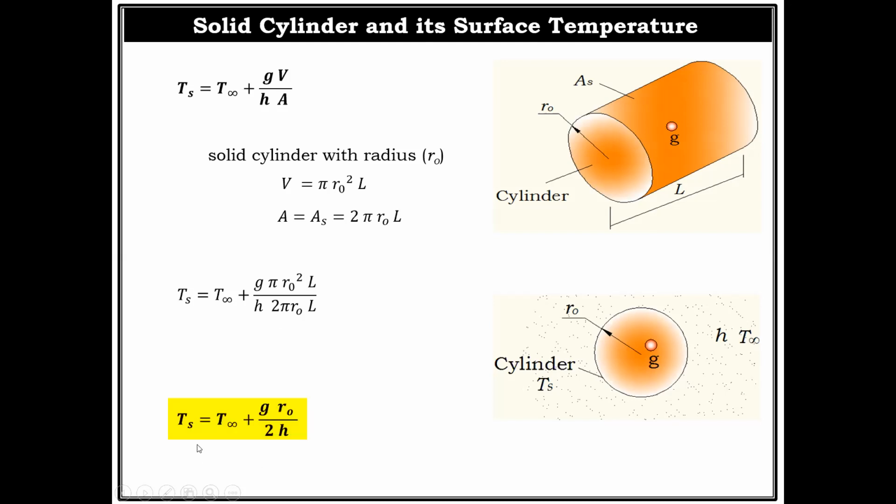So we get only Ts equals T infinity plus G RO upon 2H. So this is our final equation for surface temperature when we are talking about a cylinder.